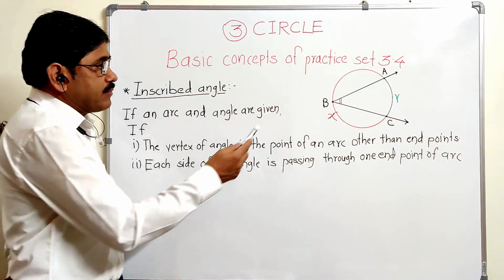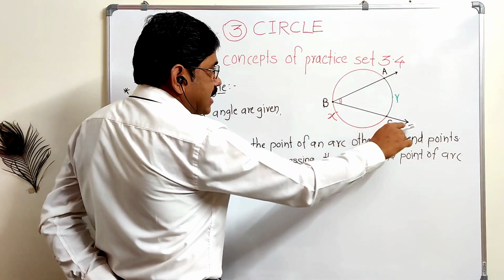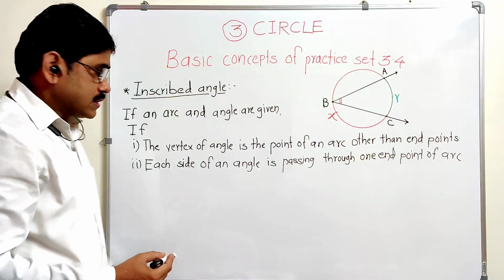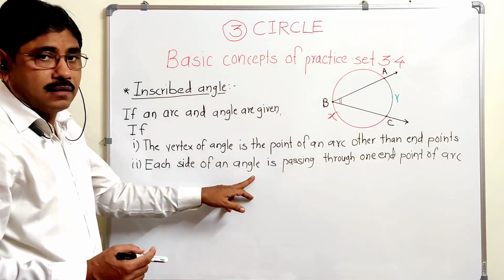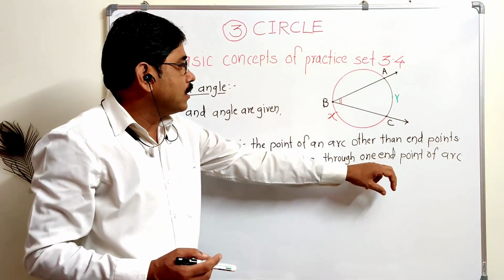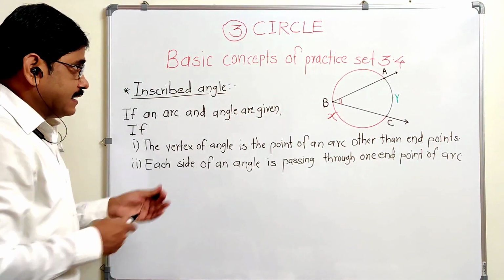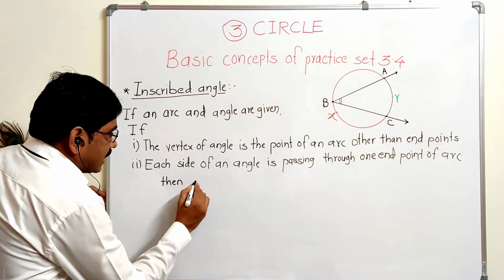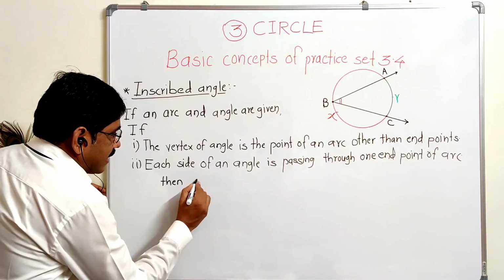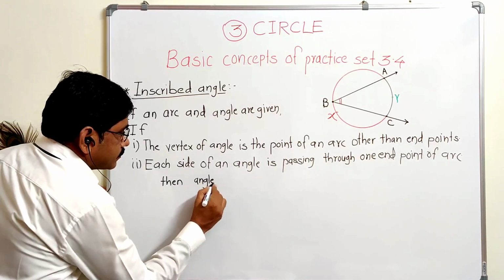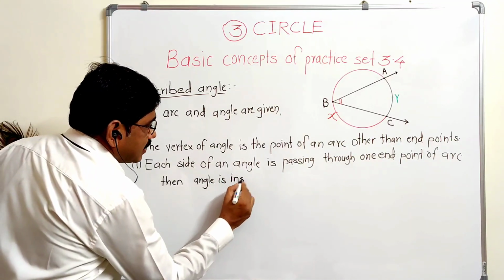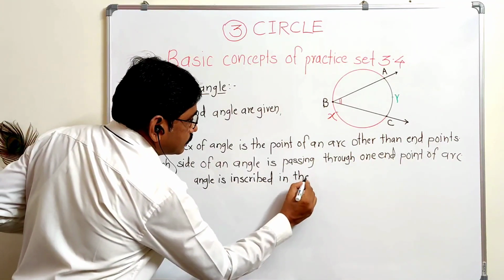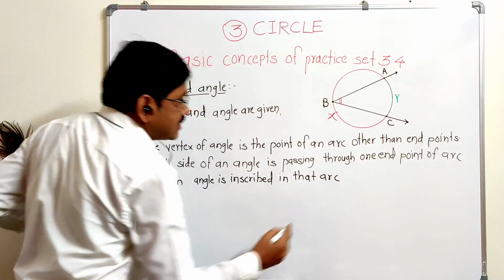And second condition: if you observe, ray BA and ray BC, the sides of that angle, are passing through the end points of the arc. So the second condition is that each side of an angle is passing through one end point of the arc. Then we can say that angle is inscribed in that arc.